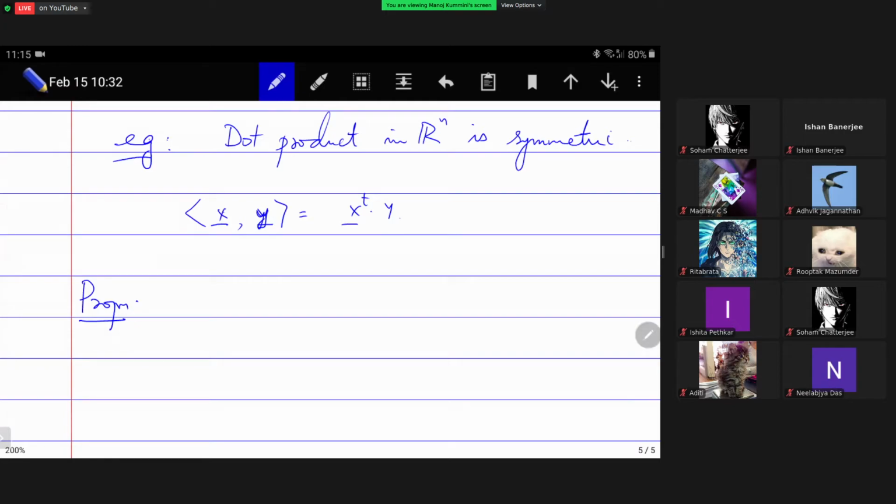Now, proposition 1. Let A be an n by n matrix.